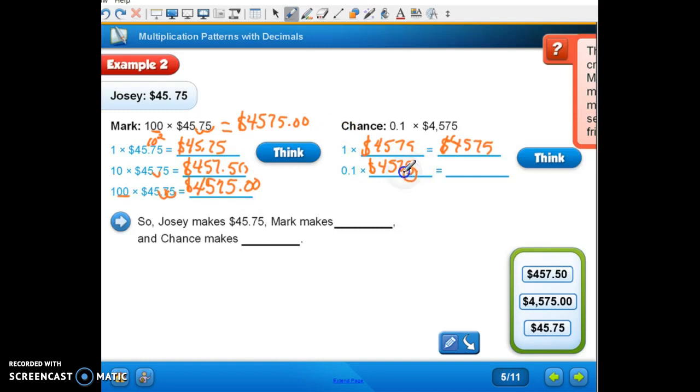I'm going to move it 1 place to the left. So now, Chance makes $457.50. So Josie made $45.75, Mark makes $4,575, and Chance makes $457.50.